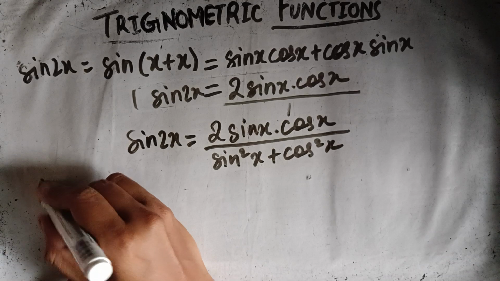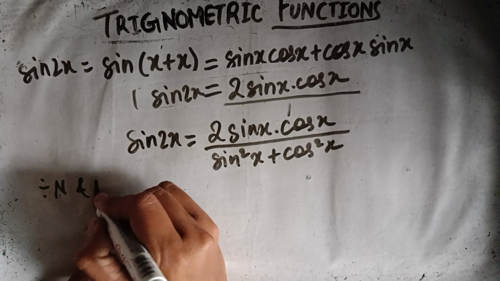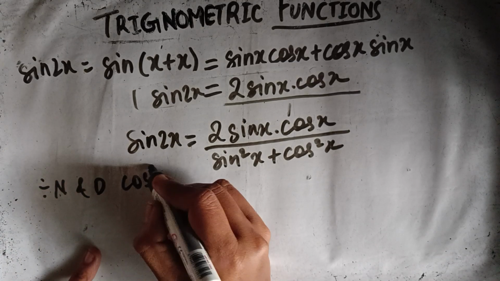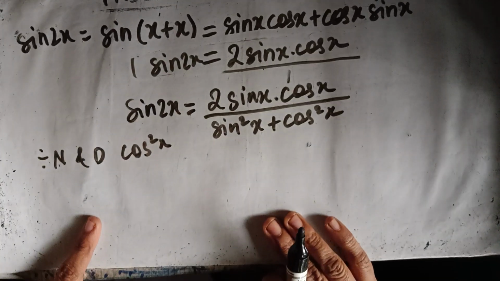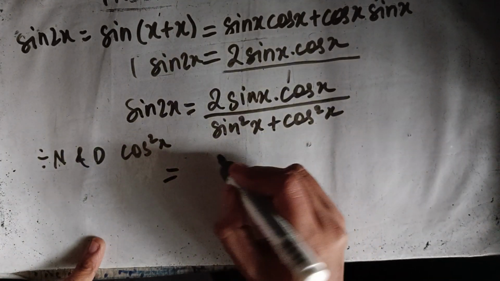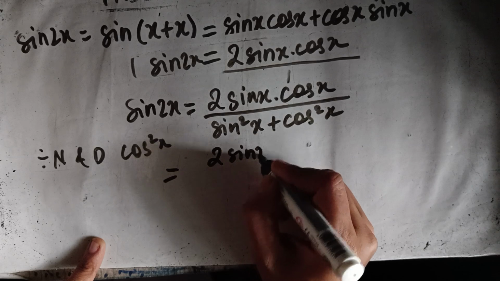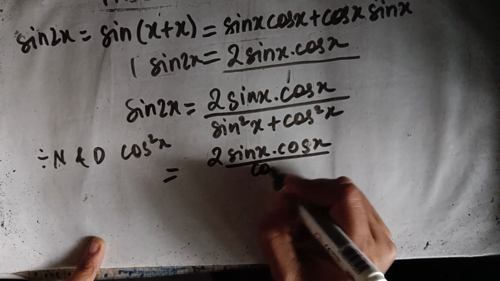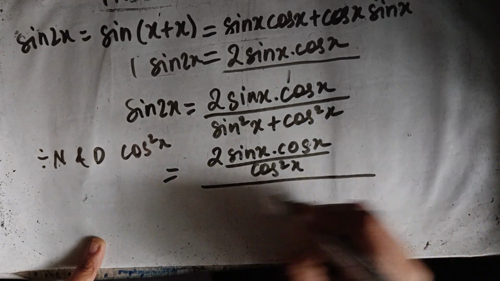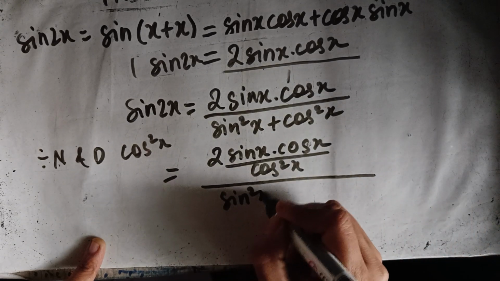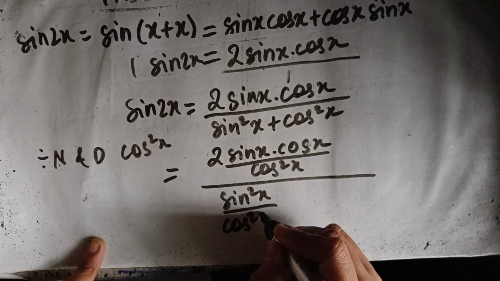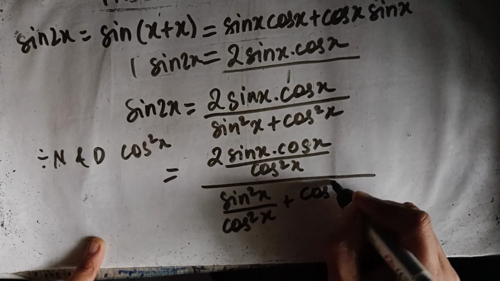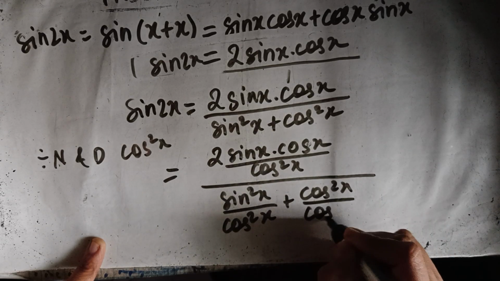Dividing numerator and denominator by cos square x, in the denominator we get sin square x upon cos square x plus cos square x upon cos square x.